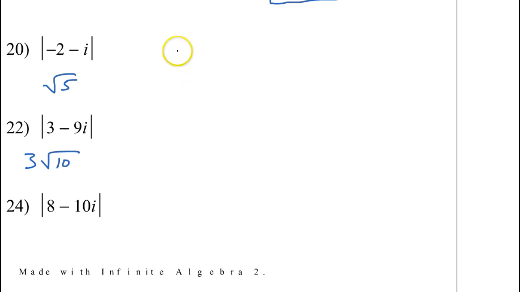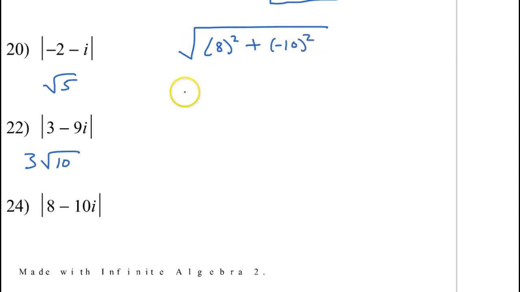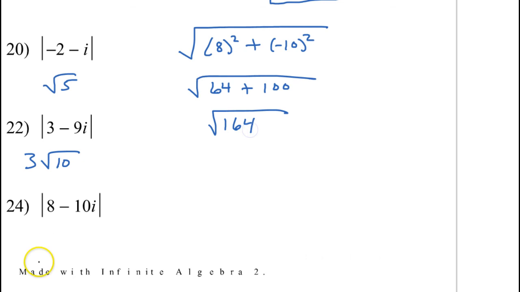And then number 24, we have the square root of 8 squared plus negative 10 squared. So that'll be the square root of 64 plus 100. So that's the square root of 164.